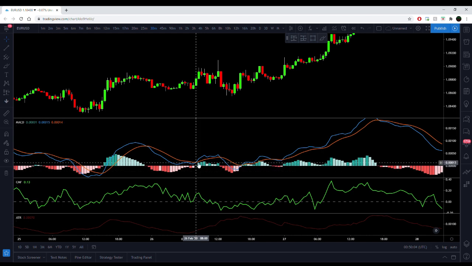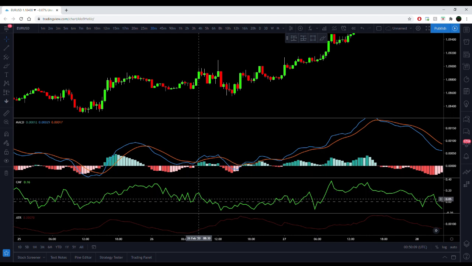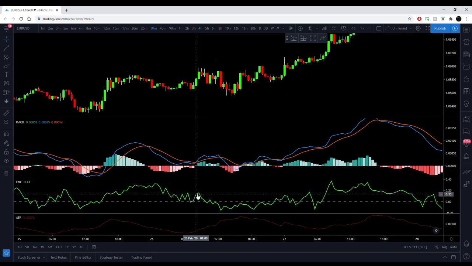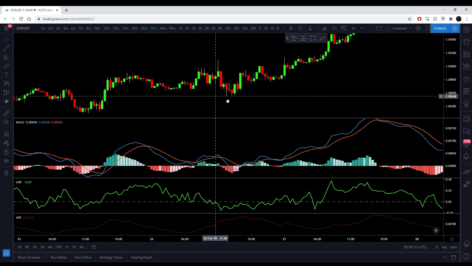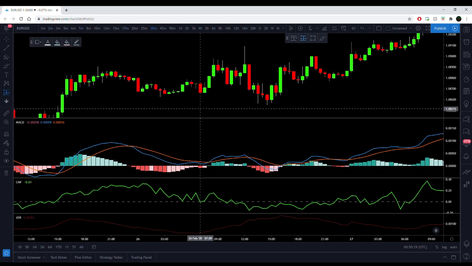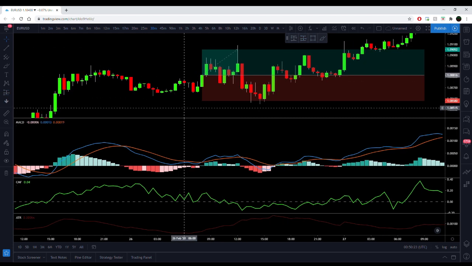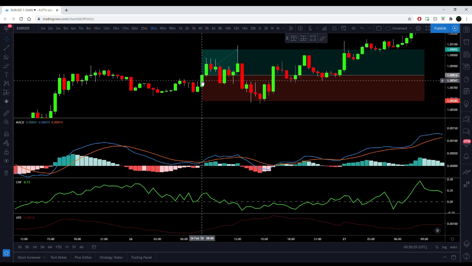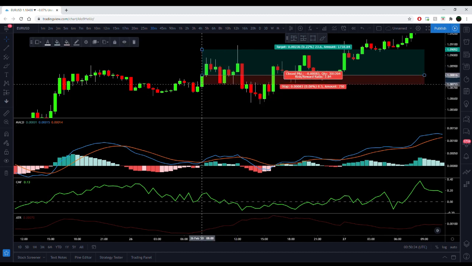Since the cross happens above the zero line of the histogram and Chaikin money flow agrees, this candle right here. Let's see if it gets stopped out. Entry, and then we're going to take a look and see what's the ATR. 7 pips. So we're going to go 14 pips for the stop loss.